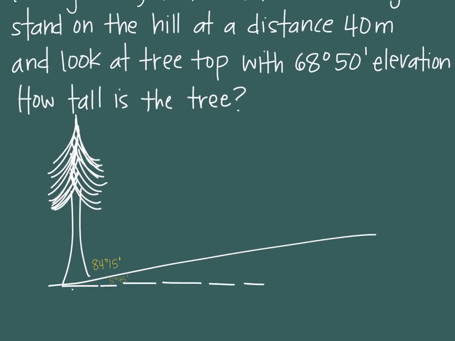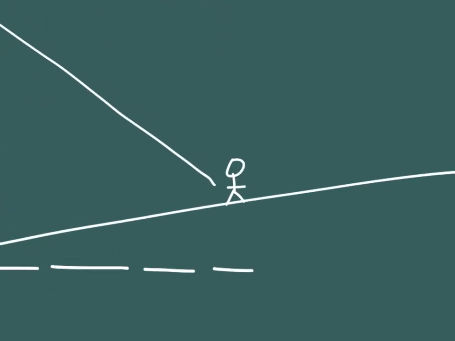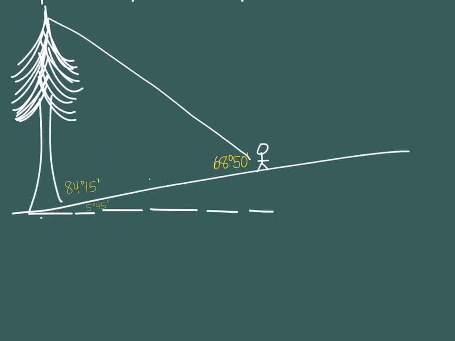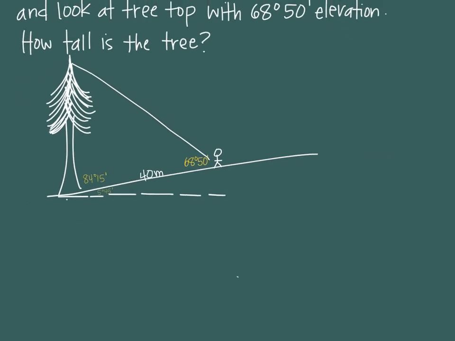Now you are putting yourself 40 meters away over on the hill, and you're looking up at the treetop. And we know that that angle of elevation was given to be 68:50. And we know that we were positioned 40 meters away from the tree on the hill.